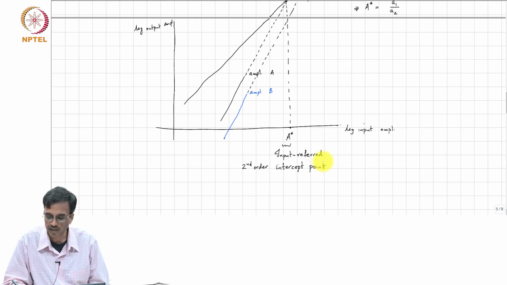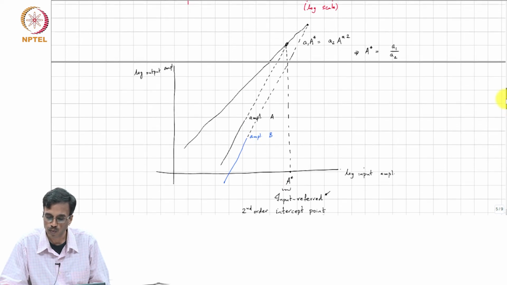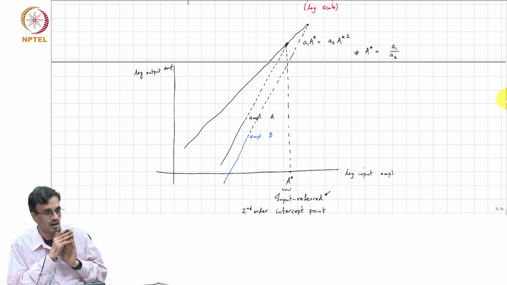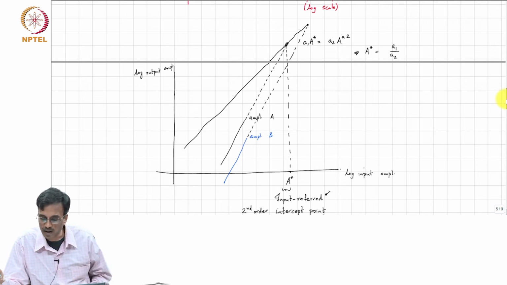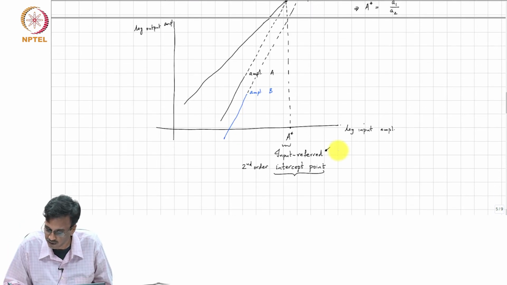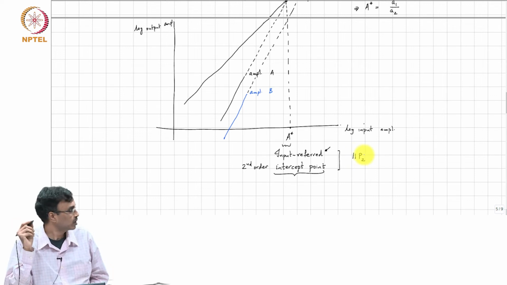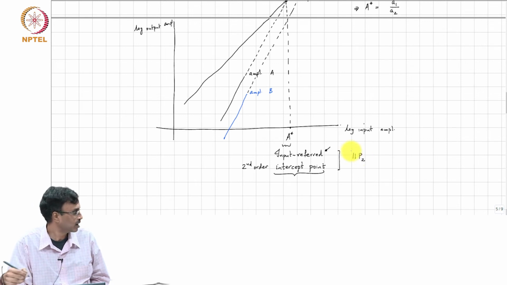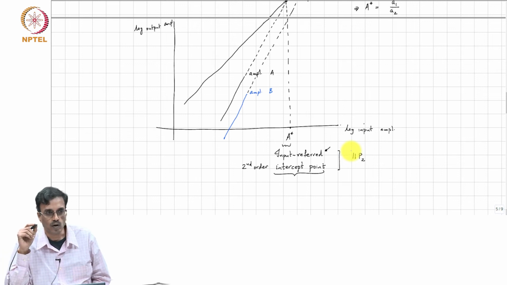All right. Why does it make sense to call this input referred? Well, this is the x axis, and the x axis is the amplitude of the input. Intercept point, because the intermodulation curve intercepts or touches the fundamental curve at that point, and second order because we are talking about IM2. So, this is often called IIP2, input referred intercept point, second order.